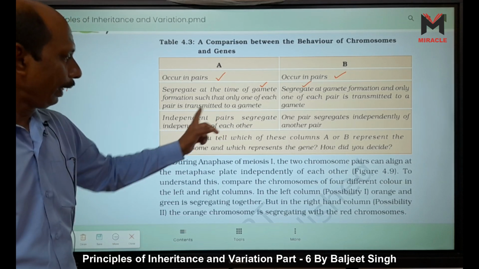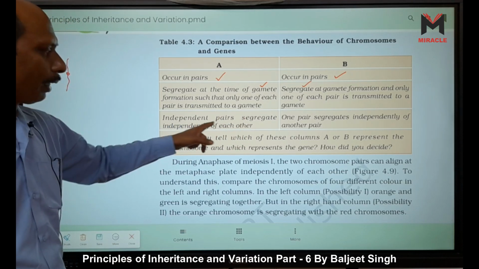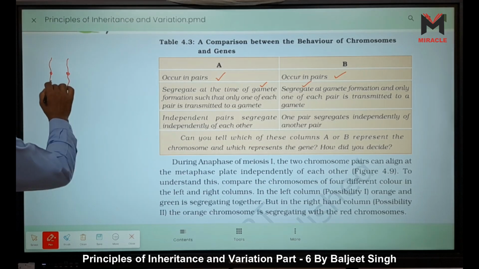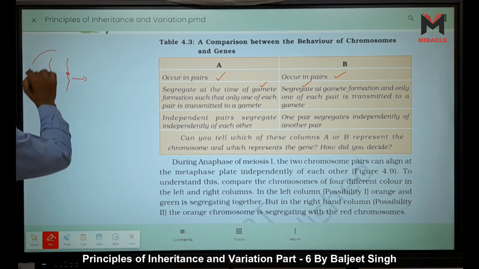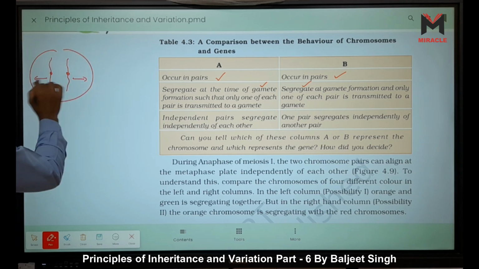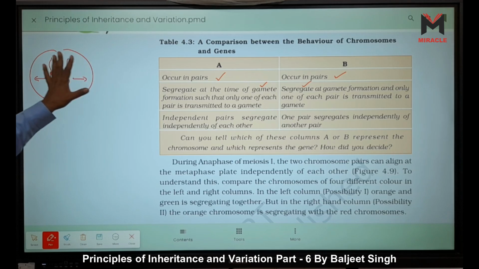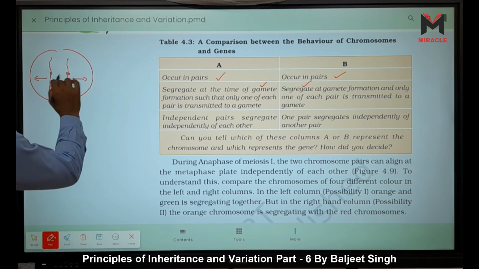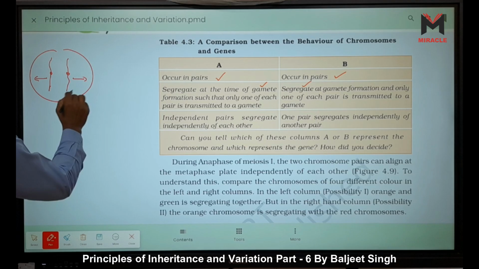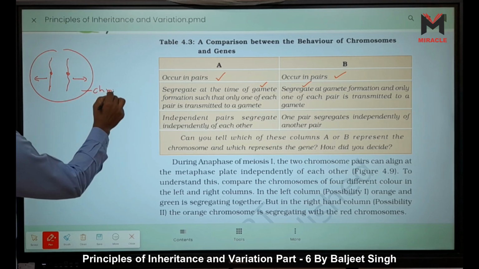Independent pairs segregate independently of each other. One moves to that side, one moves to that side, in a nucleus, independently of each other. So these are chromosomes that move independently.